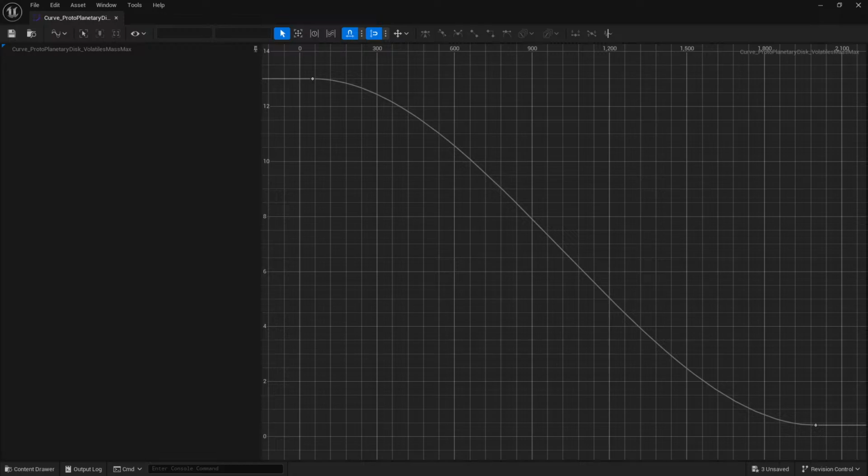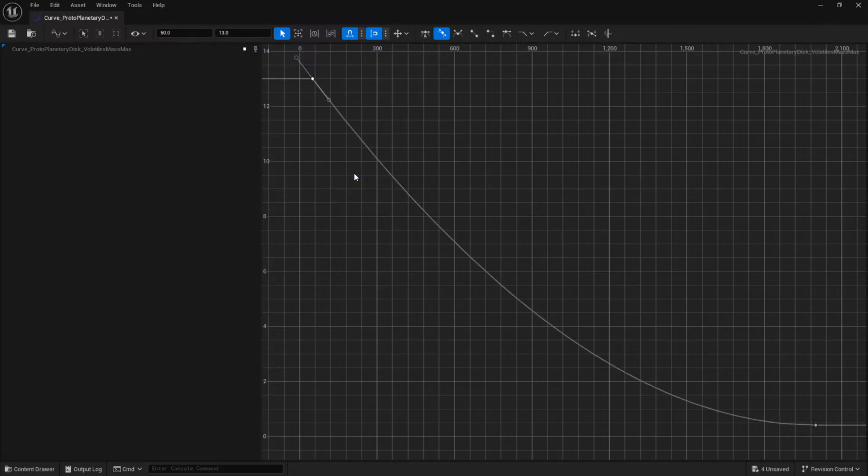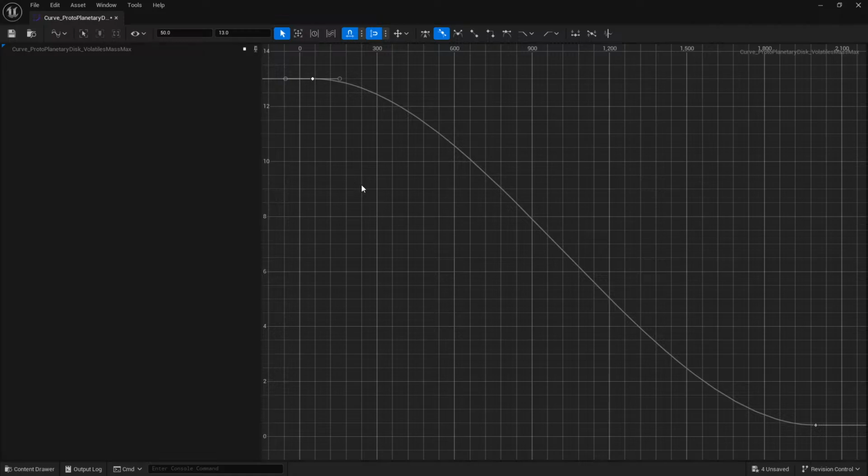So Jupiter is 317.8 times more massive than Earth. So we shall times that by 13. That gives us our magic number of that. No, not straighten, flatten.